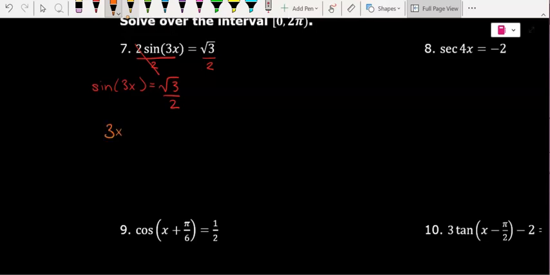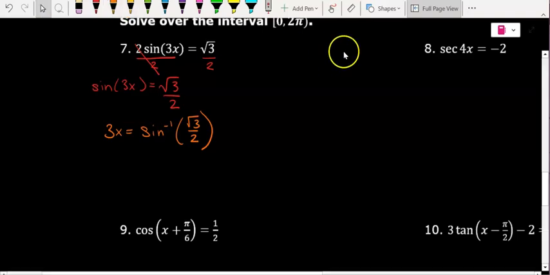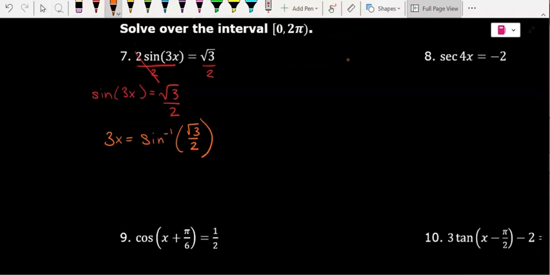And so that's going to be 3x equal to sine inverse of square root 3 over 2. Now, we are going to answer this on the right as: at what angle is sine equal to square root 3 over 2? And I want to know all of the possibilities between 0 and 2 pi.